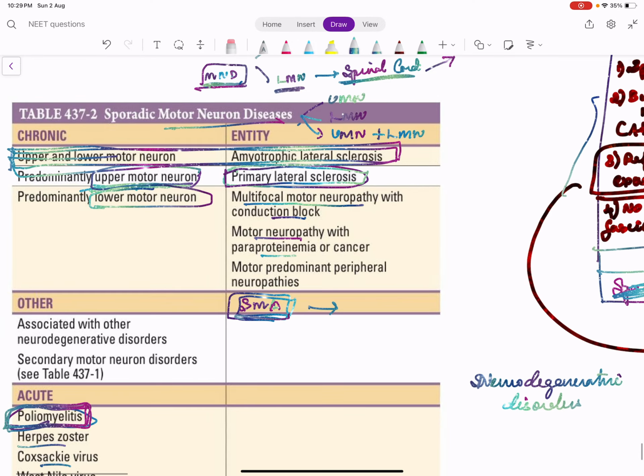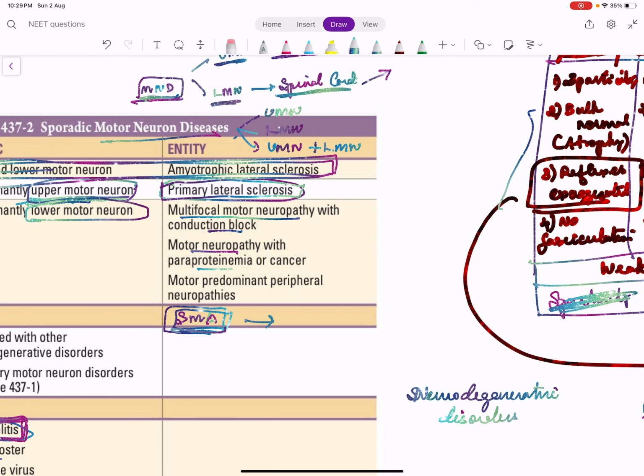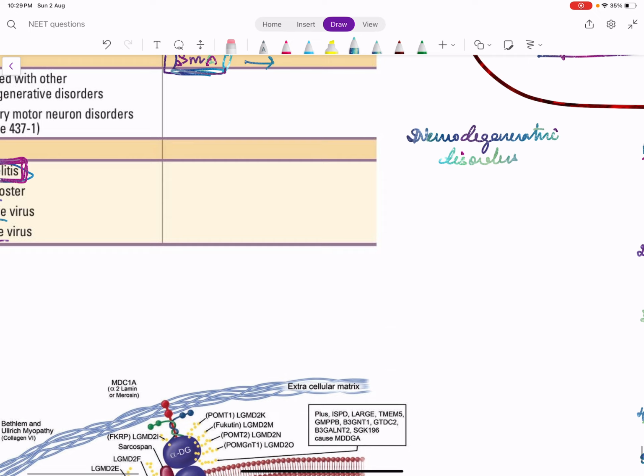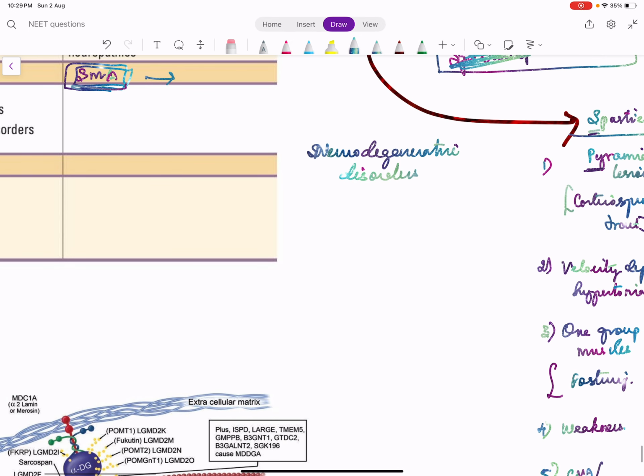Upper and lower motor neuron lesions together is amyotrophic lateral sclerosis. This is a peculiar disease because it is also a degenerative disease. I was telling you it is a TDP-43-opathy, there will be deposition of TDP-43. The mechanism is free radical injury to the motor neurons.